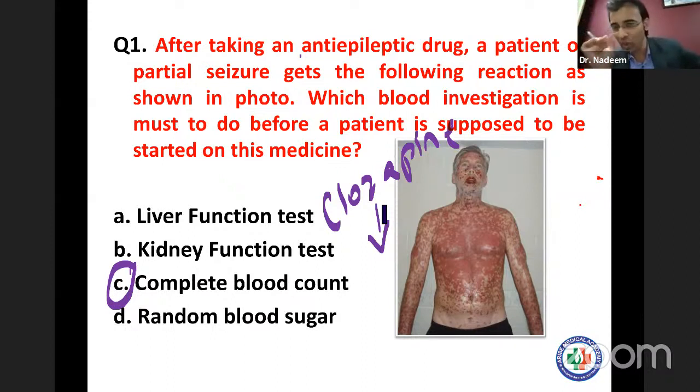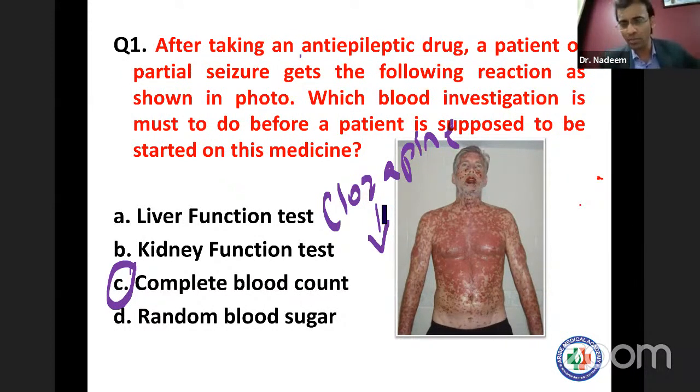Carbamazepine is also going to cause agranulocytosis, meaning destruction of WBC and neutrophils. Clozapine causes agranulocytosis, and carbamazepine also causes agranulocytosis. So these two drugs should not be combined. This is also one question, easy to understand.